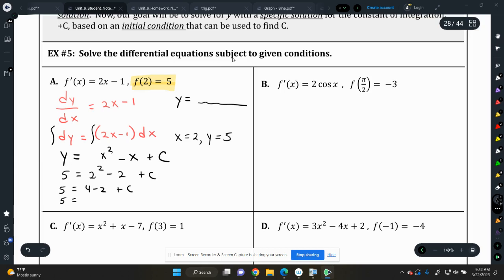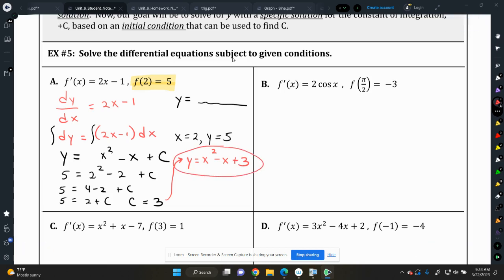So 5 equals 2 plus c. Therefore, c equals 3. Now I can go back up here and I can say y equals x squared minus x plus 3. There's my differential equation solved. Okay.